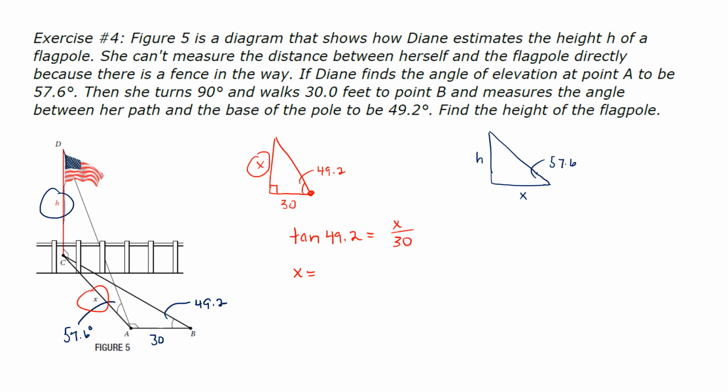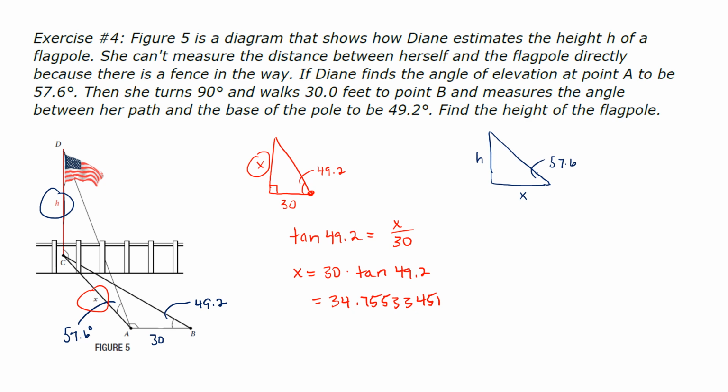So X will equal 30 times the tangent of 49.2. This will get us 34.755333451. Now we can't round because we need this value for the next step in order to find H.